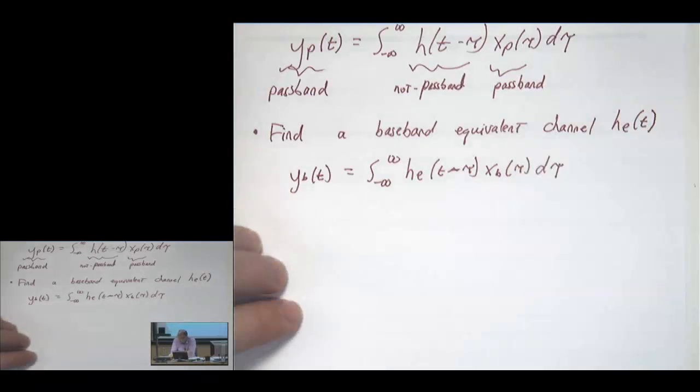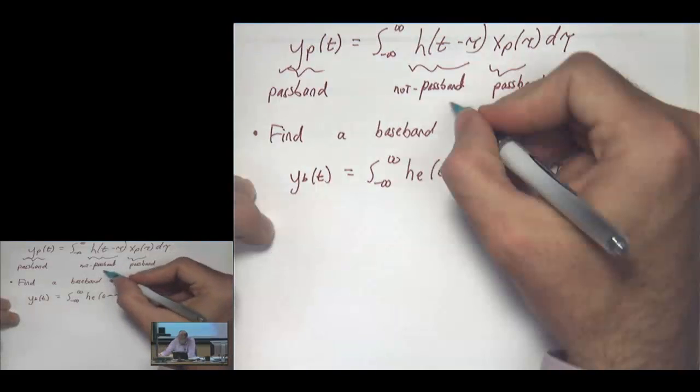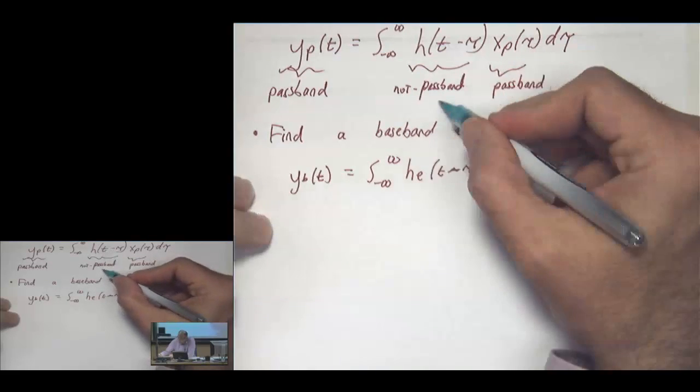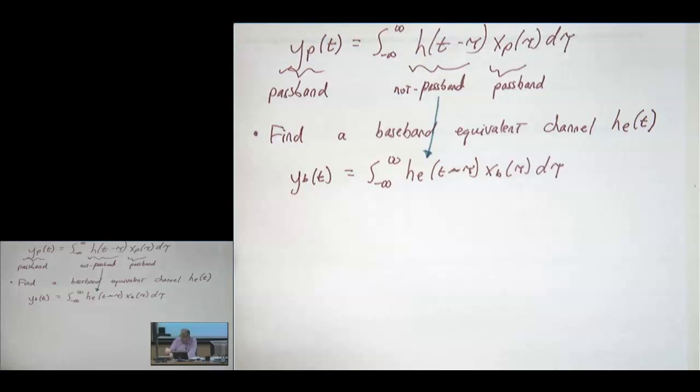So that's essentially what we're going to do right now: show how we connect the H of t here, which is not a passband signal, to some kind of baseband signal.